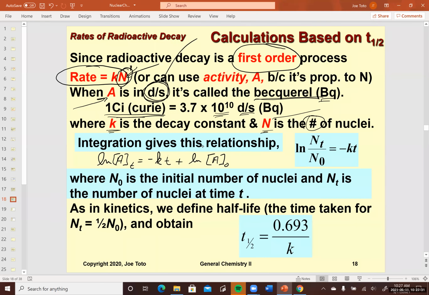This is the first order integrated rate law. But here we changed this to an N and an N0. We subtract this from both sides. And now I get this equation here. And so this is another form, another way to look at the first order integrated rate law.